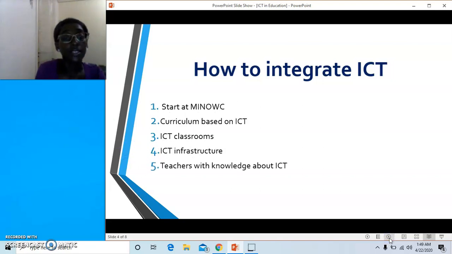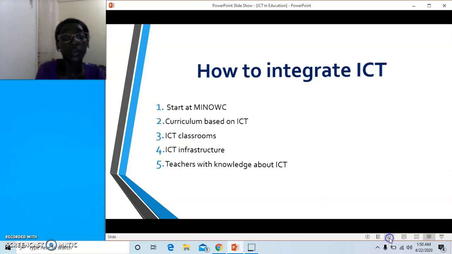And teachers with knowledge about ICT. A lot of teachers don't use ICTs, don't know how to work with ICT, work with a laptop. And thus we need teachers that have knowledge about ICT.